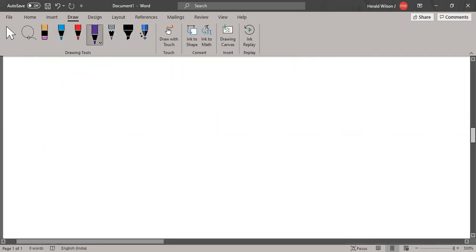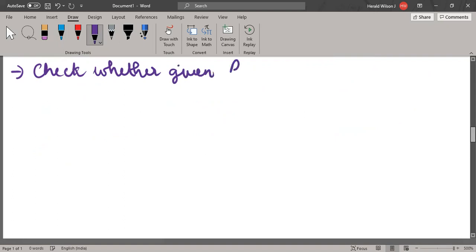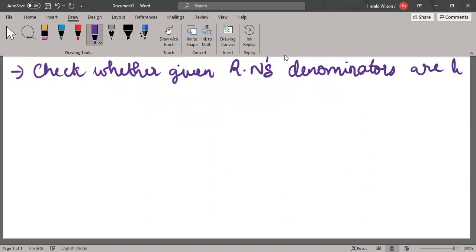So first method, first step, let me tell you. The first step is check whether given rational numbers (Rn stands for rational numbers, I'm just shortening it for time's sake) have like denominators.